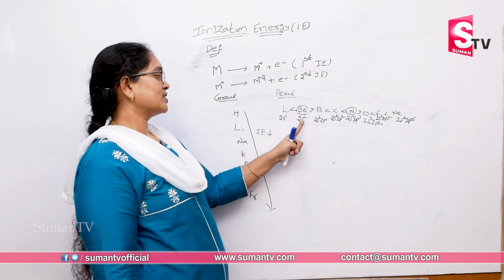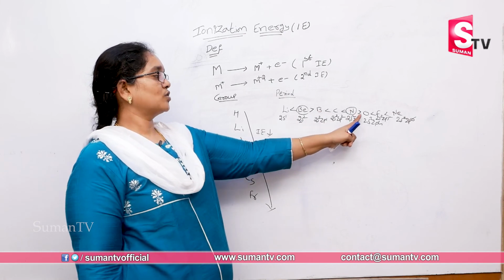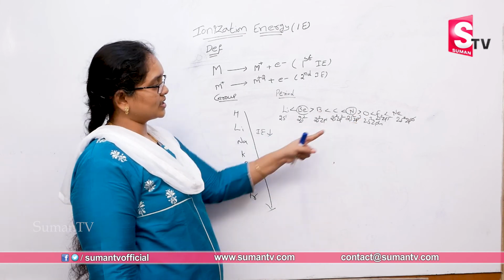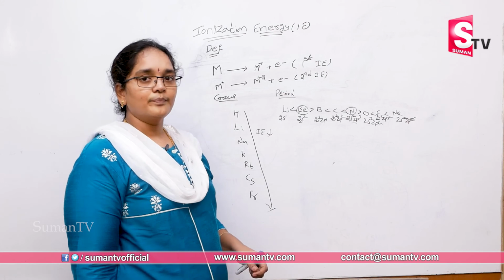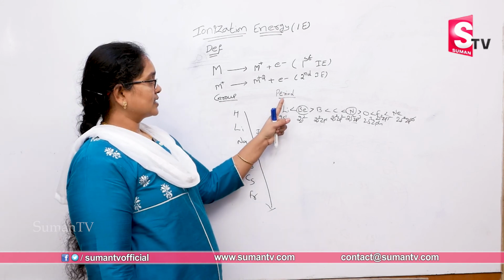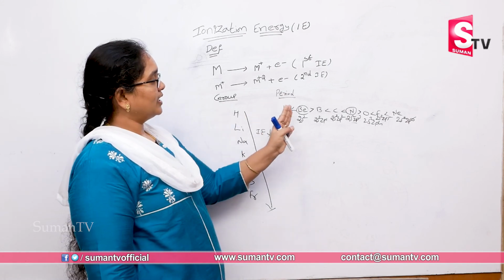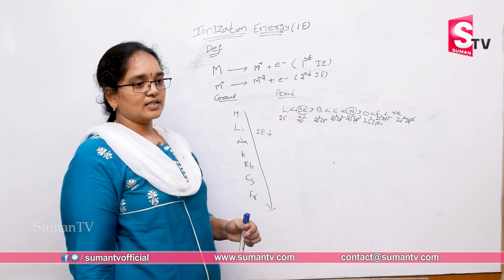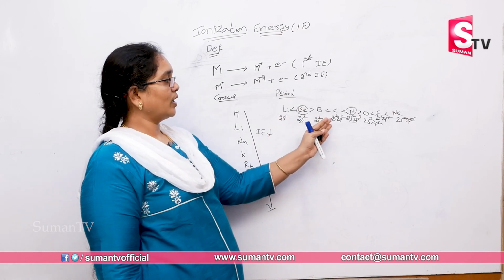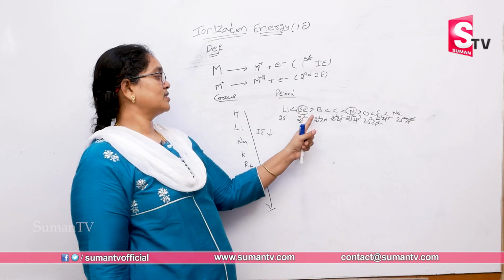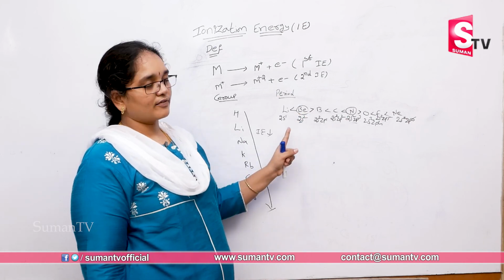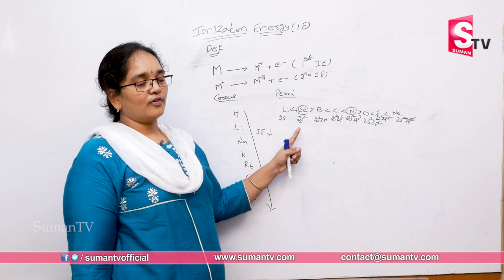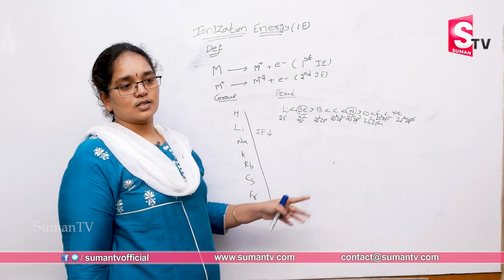That's why beryllium has more energy than boron, and nitrogen has more ionization energy than oxygen. So in general, in a period from left to right, ionization energy increases, or we can say it is not following regular trends. What is the reason? Beryllium and nitrogen have half-filled and completely filled orbitals.